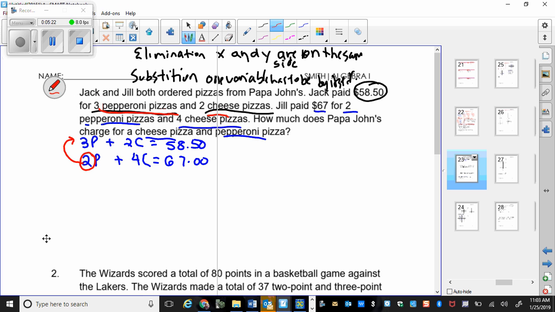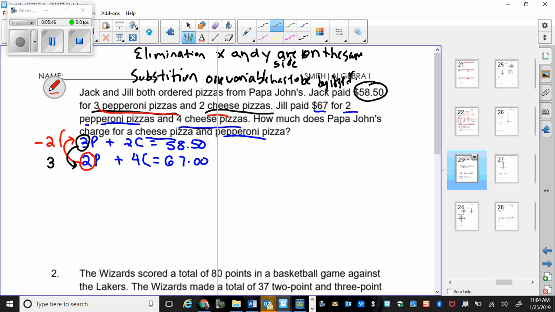And then the one on the bottom, if it's not opposite, we're going to multiply by the opposite number. So -2 on the top, and then for 3, we're going to say just 3 times 3 on the bottom. So we're going to multiply each term times those coefficients. So we need to take our time and do that.